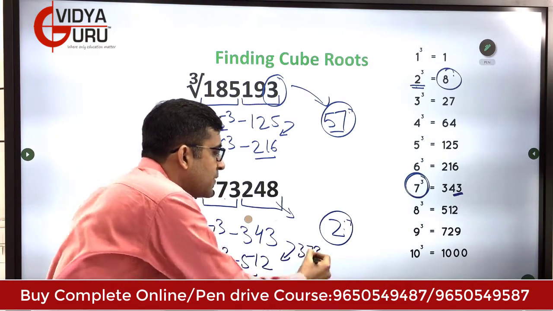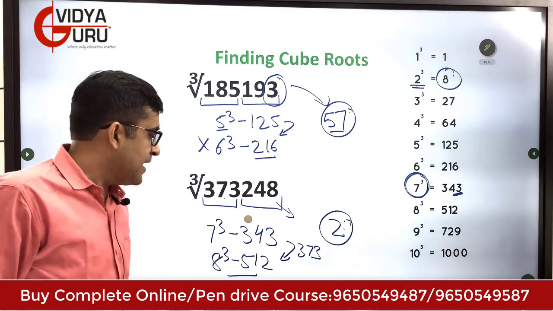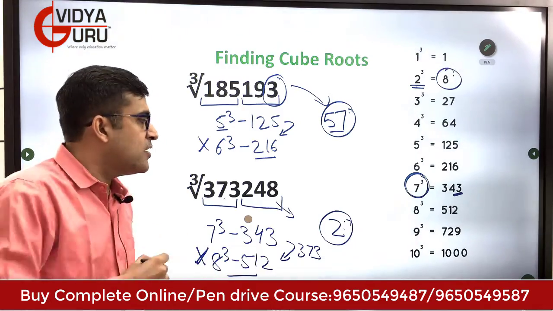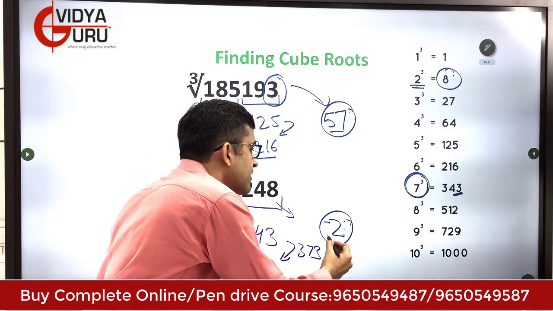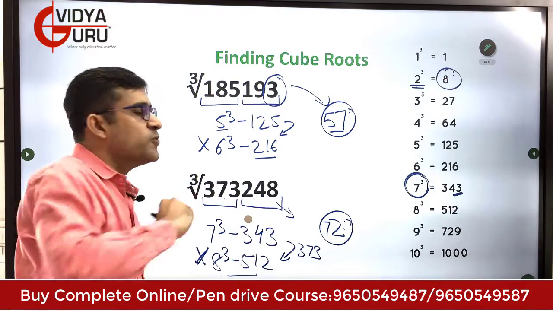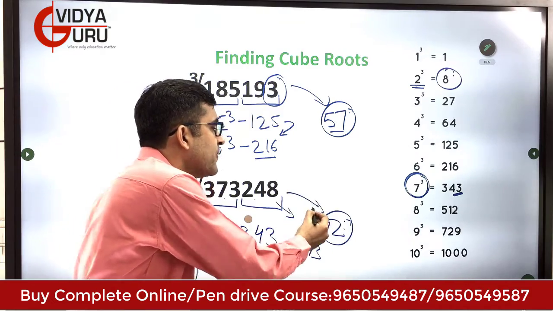It is somewhere between 343 and 512. So I will simply write 7. So the answer turns out to be 72. So the cube root of 373248 is nothing but 72.